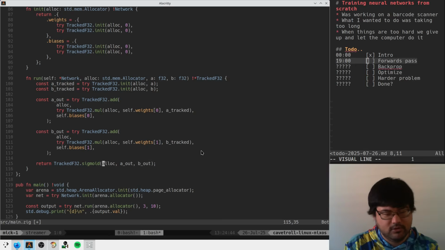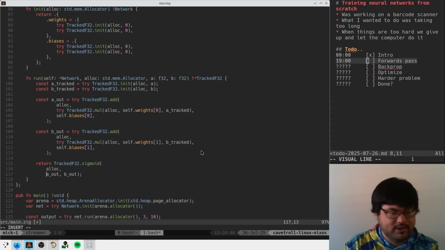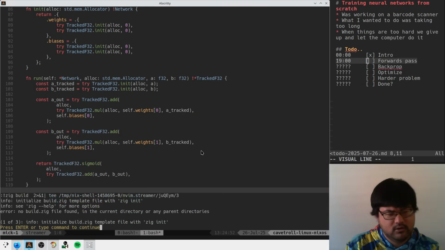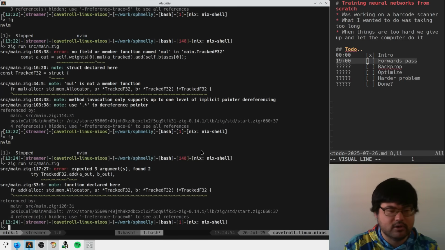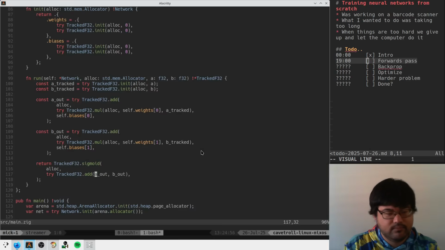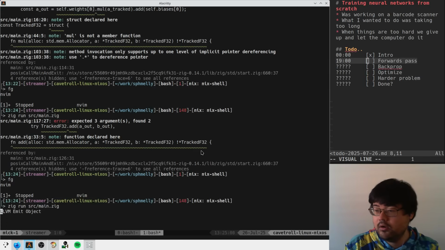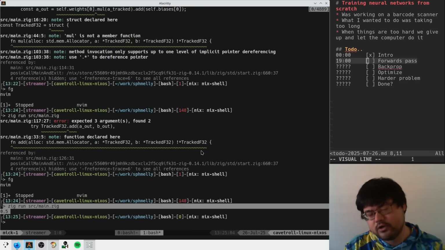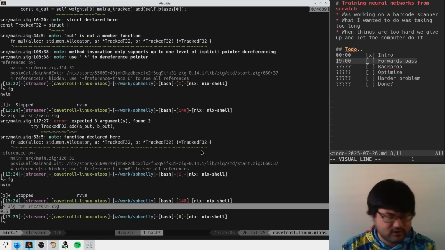A out. Nope. This is A out, add B out. There we go. Okay. Are we close? Fine. Okay, so we still get 0.5 here, which is a good indicator that we haven't really messed this up.